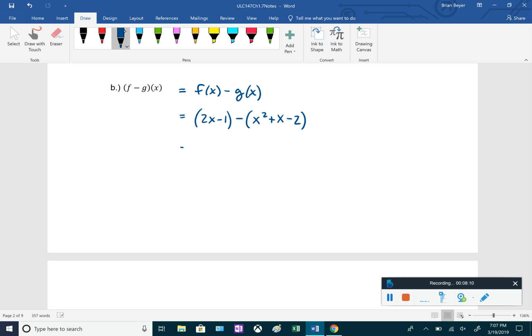This one we need parentheses around that second polynomial because of that negative. So I'm going to distribute the negative and get negative x squared minus x plus 2. And now we just combine like terms again. So it's negative x squared plus x plus 1. So that's (f minus g) of x.